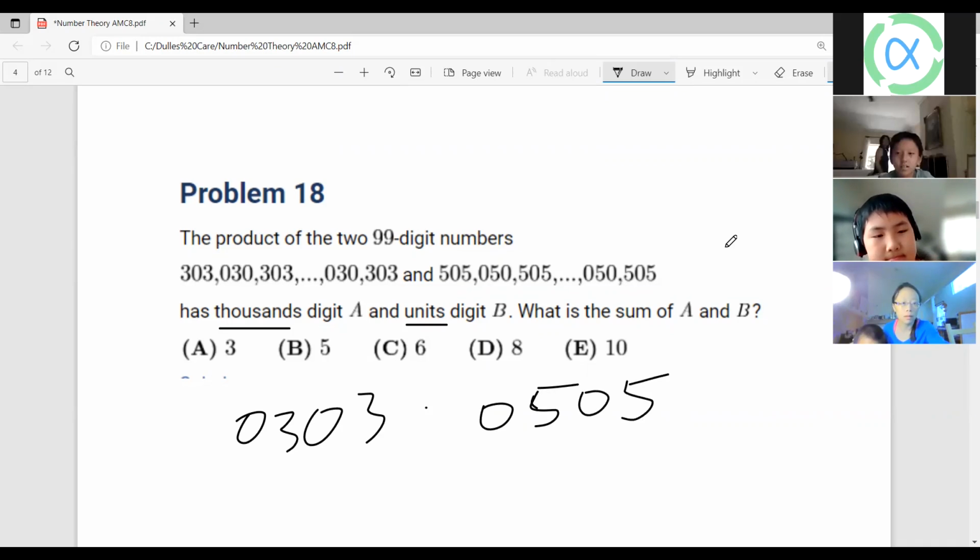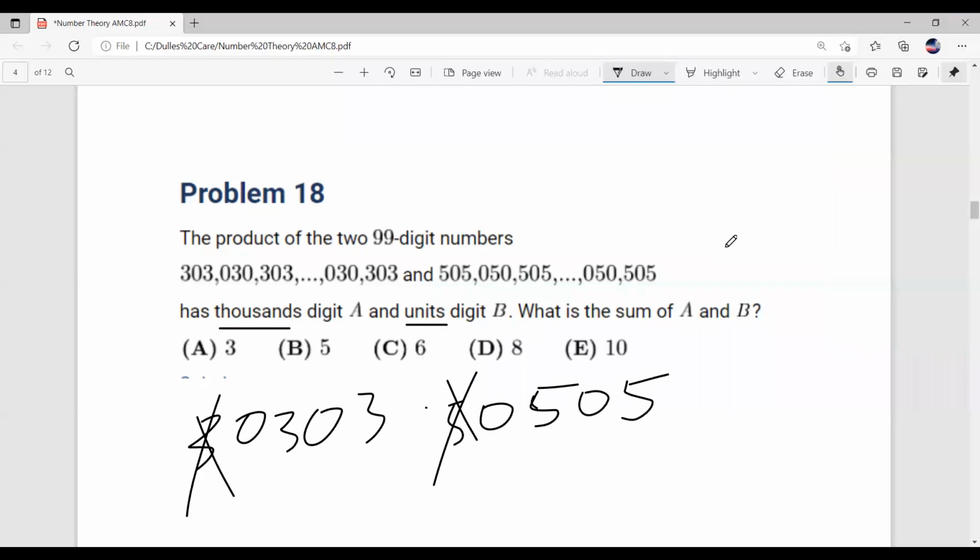If we could determine this product, then we're done with the problem, right? Because any number from here on out, like 30,000 or 50,000 or 50505, the 3 and the 5 beyond the thousands place don't matter since their product influences the 10,000s and the 100,000s. It doesn't influence the thousands nor the units digit.